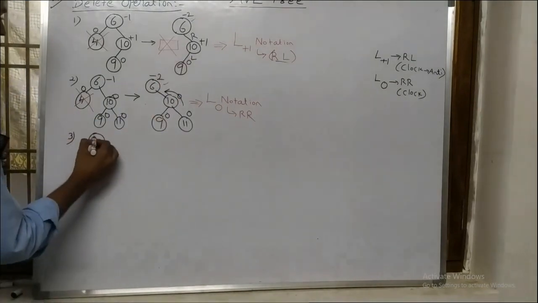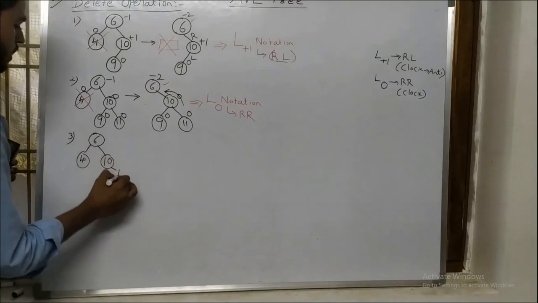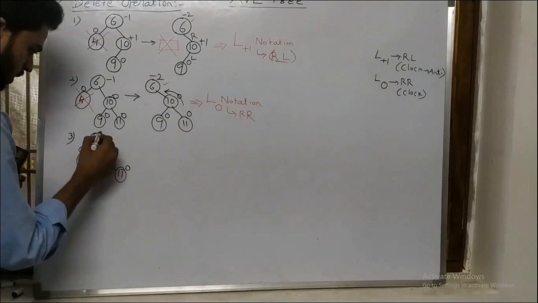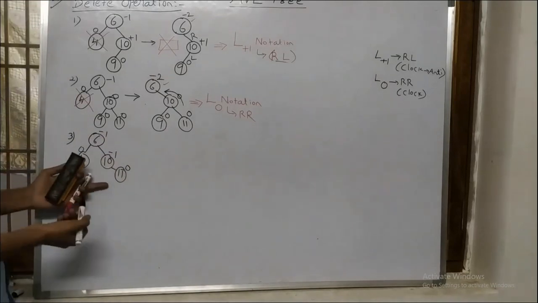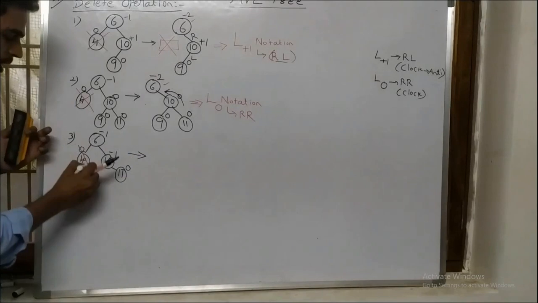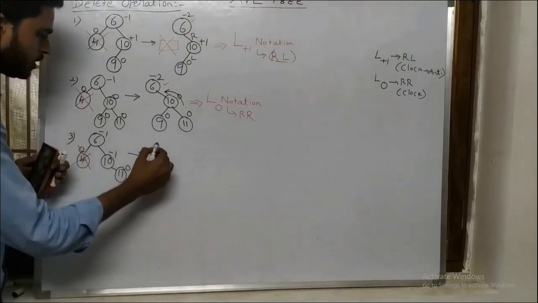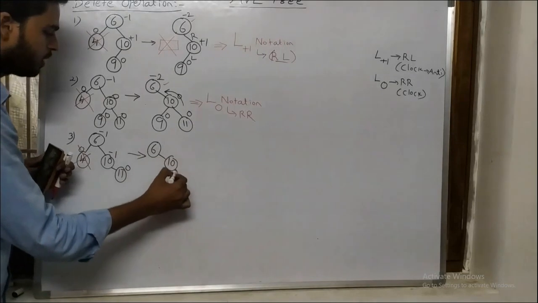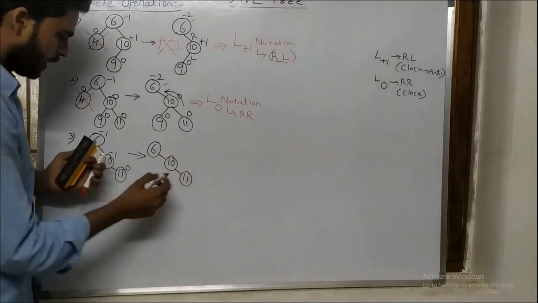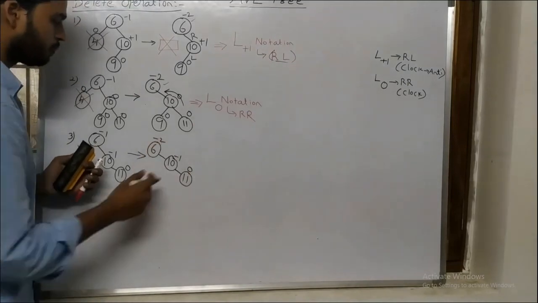Next I am taking the third one. 6, 4, 10, 11. 0, 0, minus 1, minus 1. Yes, the tree is obviously correct. But because of this deletion, my tree becomes unbalanced. 6, 10, 11. Here the balance factors are 0, minus 1, minus 2.